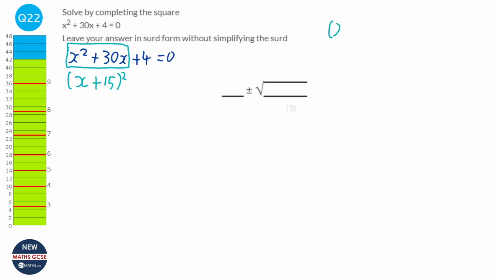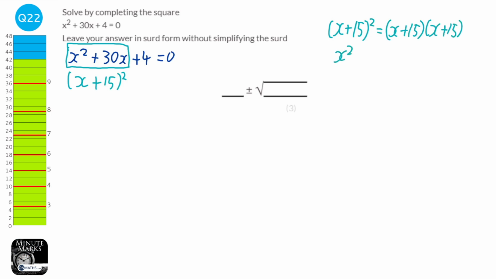If we quickly expand that over here, well, that's going to be the same as x plus 15 times x plus 15. X times x, x squared, then you get 15x, so that'd be 30x. And then plus 15 times plus 15 is going to be plus 225.